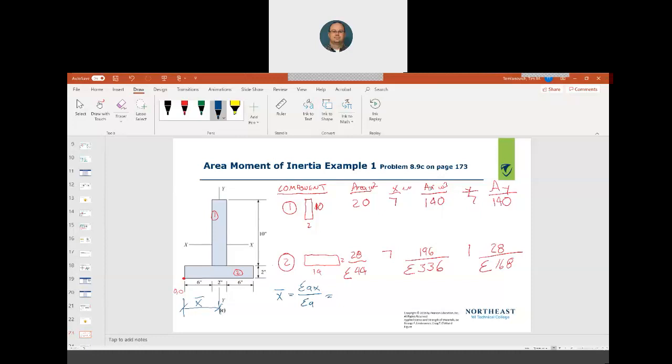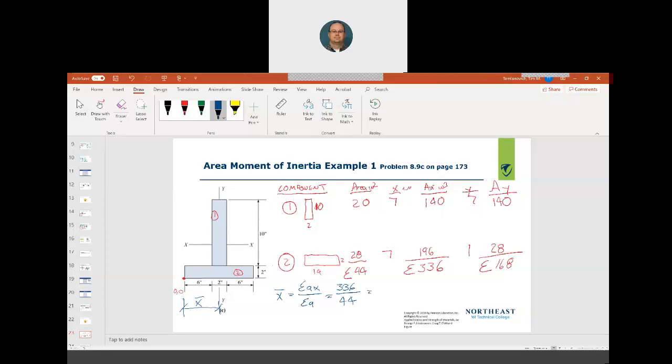So that's 336 divided by my area, 44. 336 divided by 44. That's 7.63 inches. Okay. Is that right? Did I do that right?